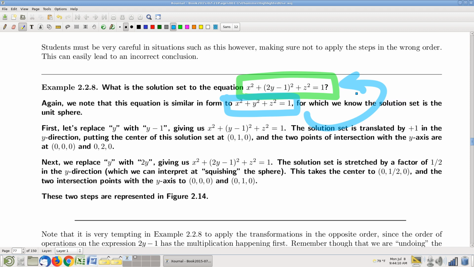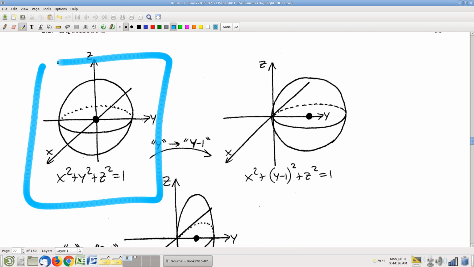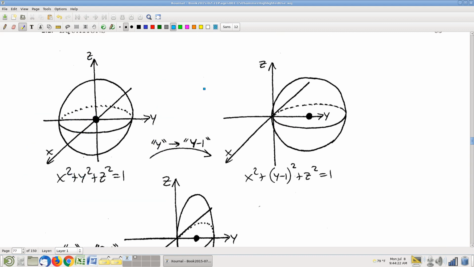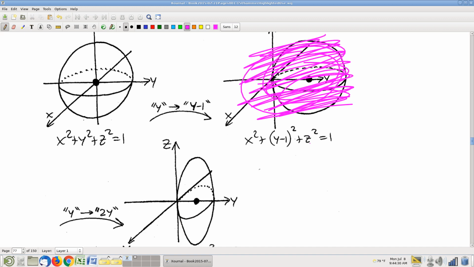Okay, so I'm going to start with this surface here, know the equation, I know the solution set. Here it is. That I understand. That equation, that surface. And now, pictures aside, let's pretend that we haven't got this written down, and let's just think about just the algebra. And likewise here, we don't know this picture yet either. Let's just look at the algebra.